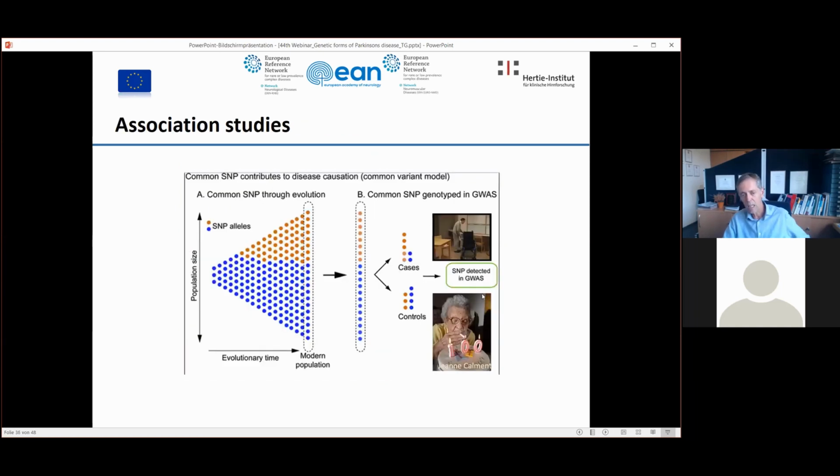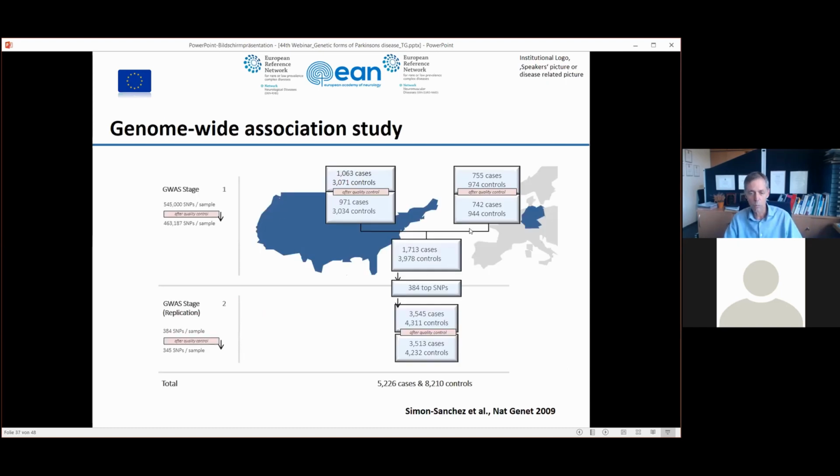And these association studies basically look for genetic variants, comparing those with the disease to those who grow to a high age without Parkinson's disease. And the variants that are more frequent in the population with Parkinson's disease have some probability of being associated with the disease and contribute to the causation of the disease. And that can actually be shown by those genome-wide association studies.